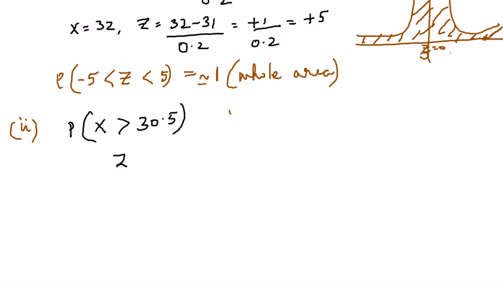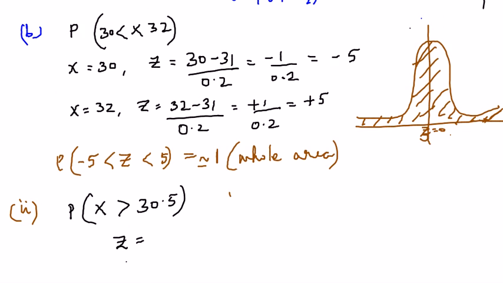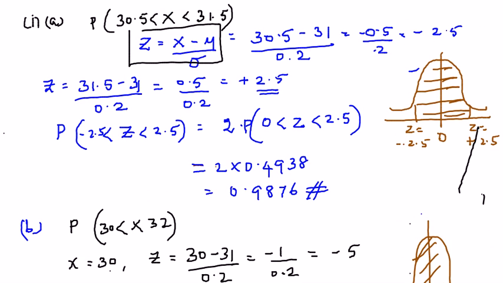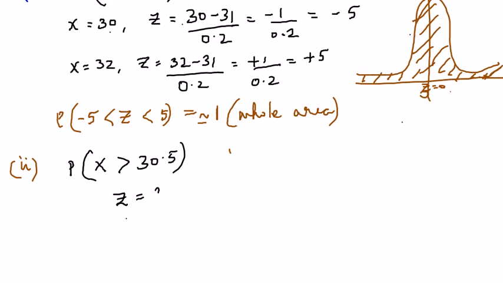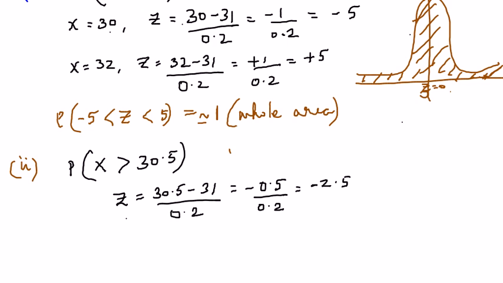You know that when x is equal to 30.5, which we already found out in the first part, the value of z is x minus mu by sigma, which is minus 0.5 by 0.2, which is 5 by 2, which is 2.5, but on the negative side. So this is nothing but z greater than minus 2.5.